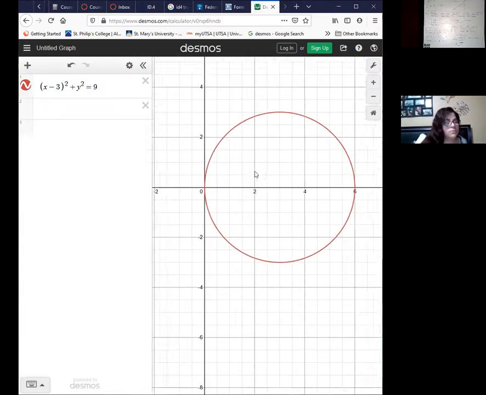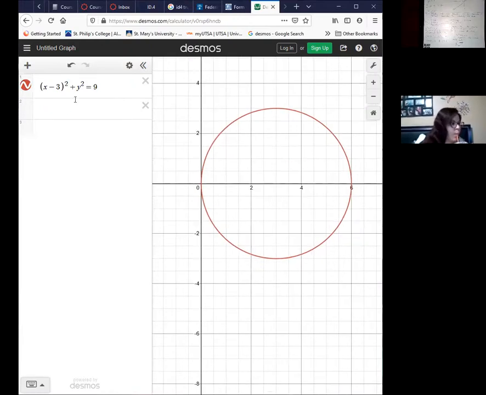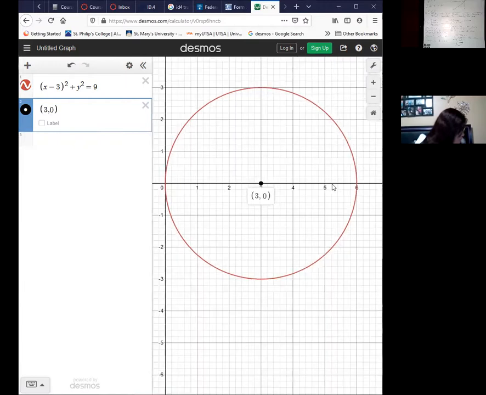So there it is. The center, as we said, is 3, 0. And we went out 1, 2, 3 in every direction, so we have a radius of 3.